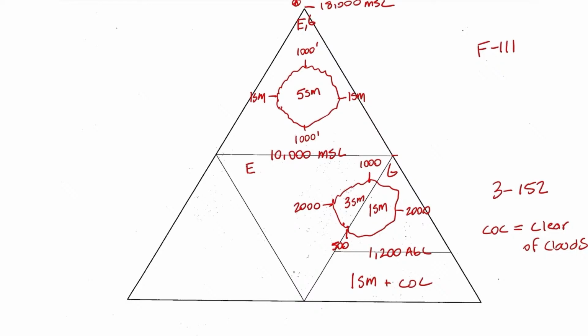Finally, on the lower left-hand pyramid or triangle here, this is also Class Golf, but this is Class Golf at night. Okay, they've got a daytime requirement and they've got nighttime requirements. The only one that has day and night. So very simply, you're going to draw a moon. Hopefully that looks like a moon. I always have to write the word moon because some people don't know my drawing.